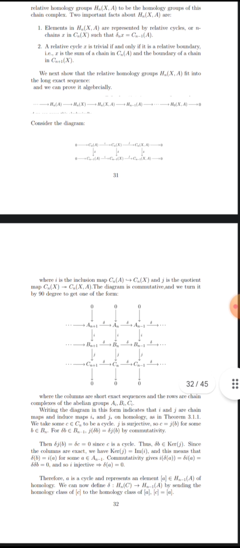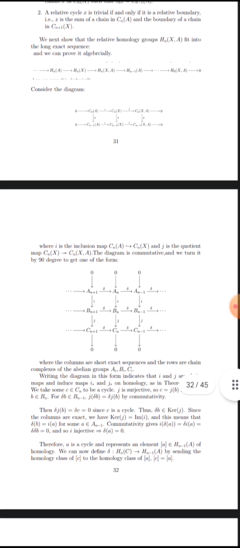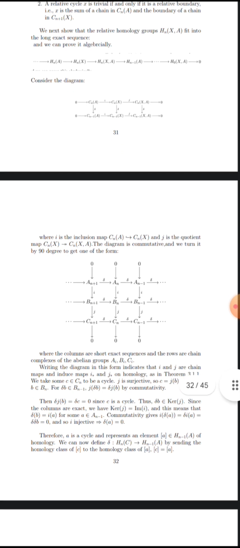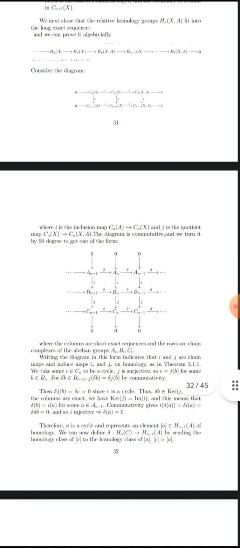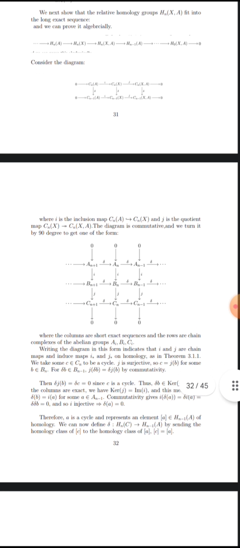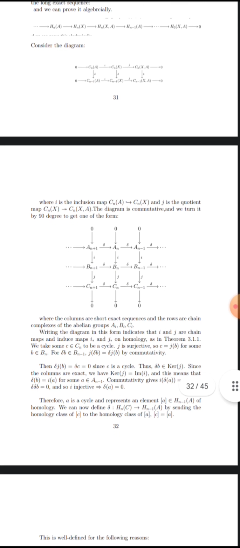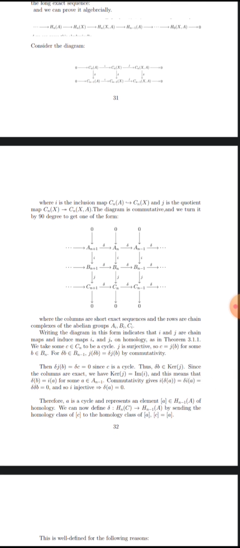We rotate it by 90 degrees to get it in this form, where the columns are short exact sequences and the rows are chain complexes of abelian groups Ai, Bi and Ci. I and J are chain maps, which induce maps I star and J star on homology.